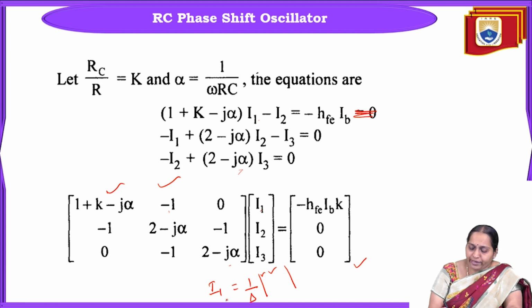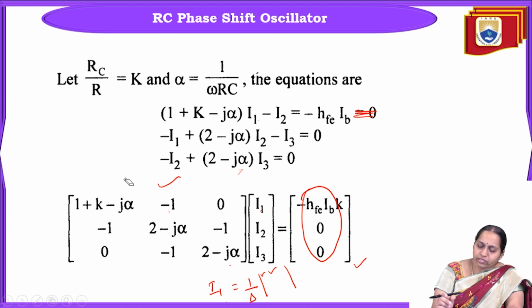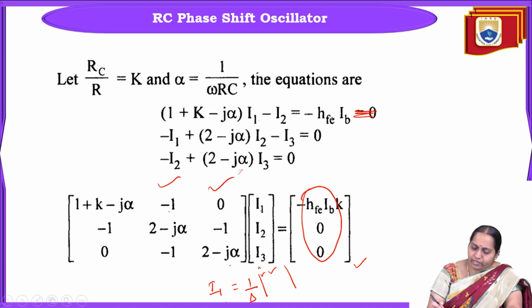Sorry, you want to find I1, so in the first column you will replace with this term. Then the remaining second and third columns you will write as they are.